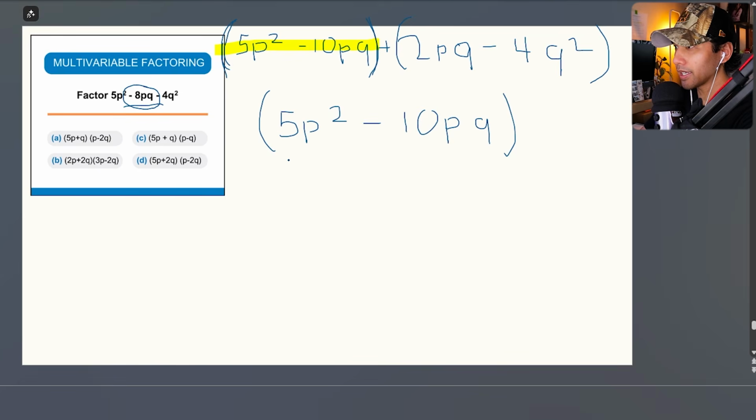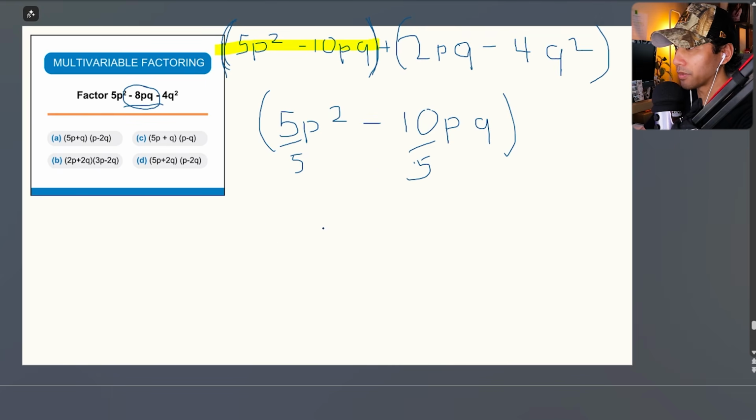Okay, what could be taken out in terms of just the whole numbers? So what could be taken out is a 5. So we could divide 5 from both sides, right?